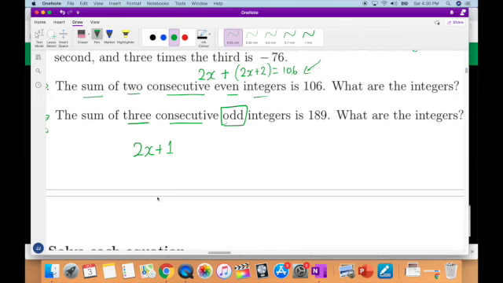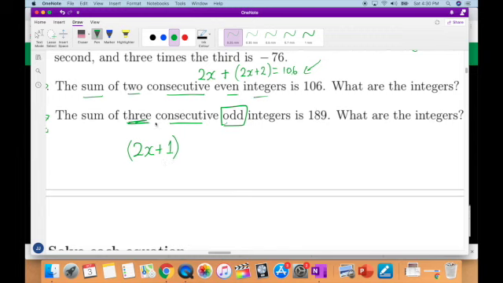Caitlin, you see what I'm getting at? Yeah. So no matter what even number you have, if you have 26 and you add 1, you're going to get an odd number. So now we have our first odd number, 2x plus 1.